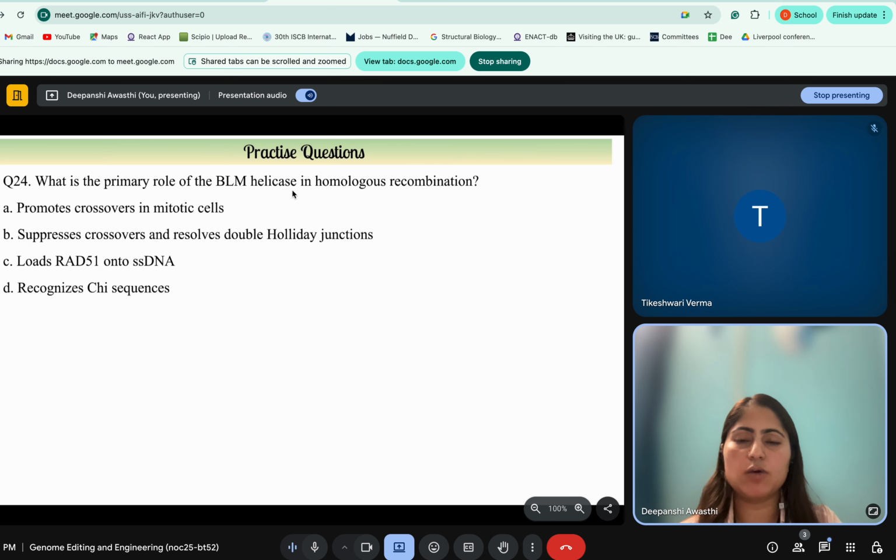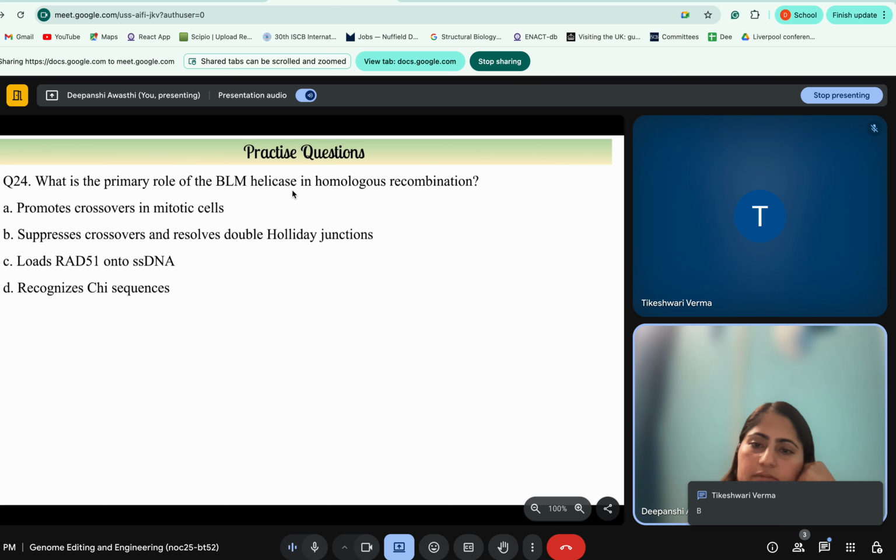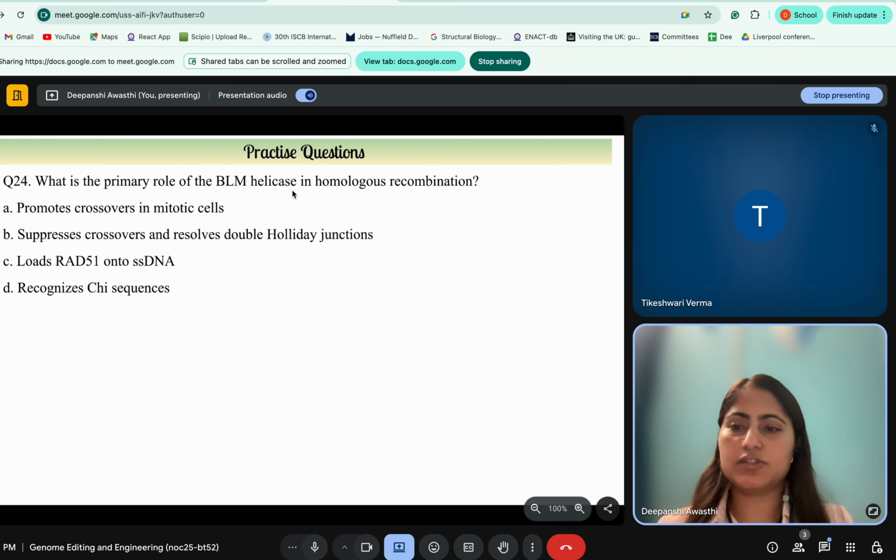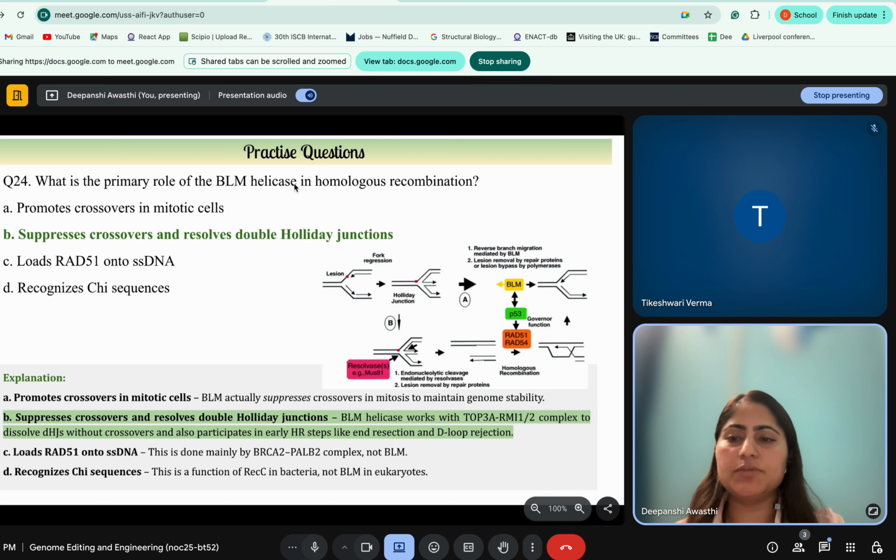We discussed the BLM helicase when we were talking about the double Holliday junction, and whether the joint molecule will lead to crossovers or non-crossovers. So the right answer is option B, which suppresses crossovers and resolves the double Holliday junctions.